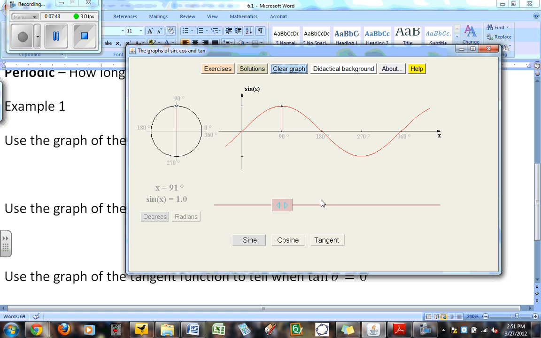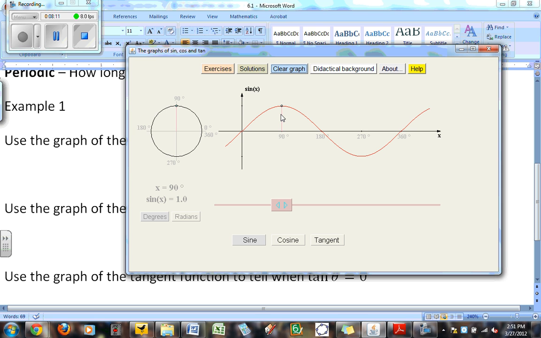So it's 1 at 90 degrees and every angle that's coterminal with that. So it would also be 360 plus 90, which would be 450, plus 360 again, plus 360 again. Or it'd go in the negative direction, minus 360. So every angle that's coterminal with 90 degrees would also have sine equal to 1 using this graph.